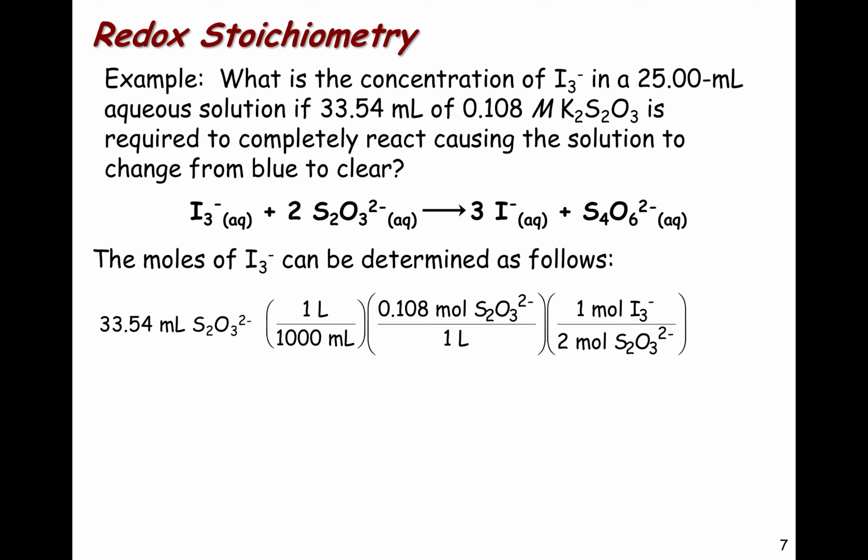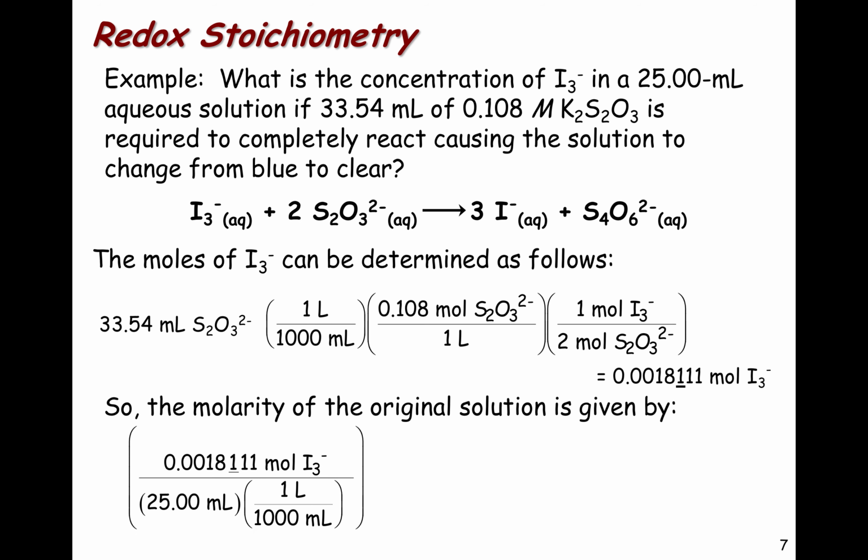Then from the balanced chemical reaction, we can figure out how many moles of I3 minus are going to react with that. The stoichiometry is 2 to 1. And then finally, that gives us the moles of I3 minus. At this point, to determine the molarity, we would take the number of moles and divide by the volume of the solution given in the question, which is the 25 milliliters.